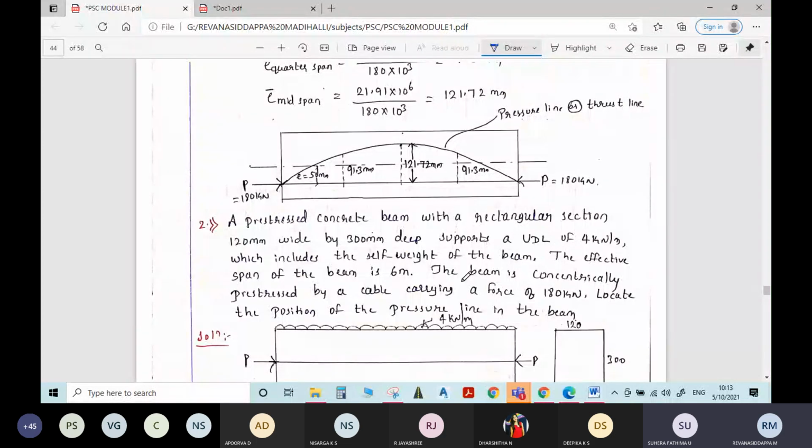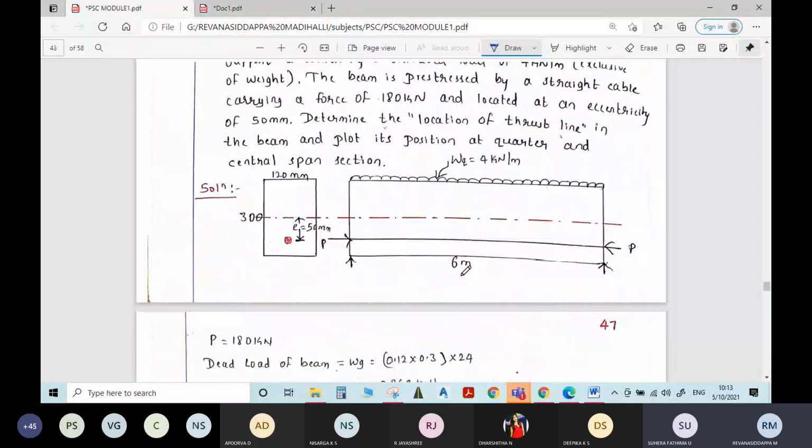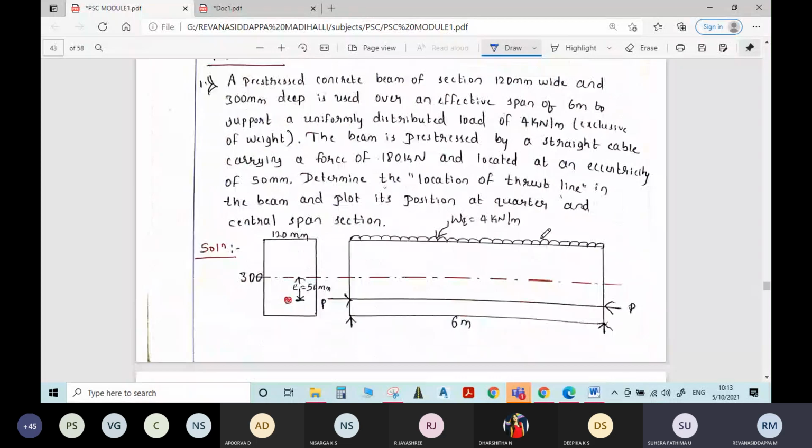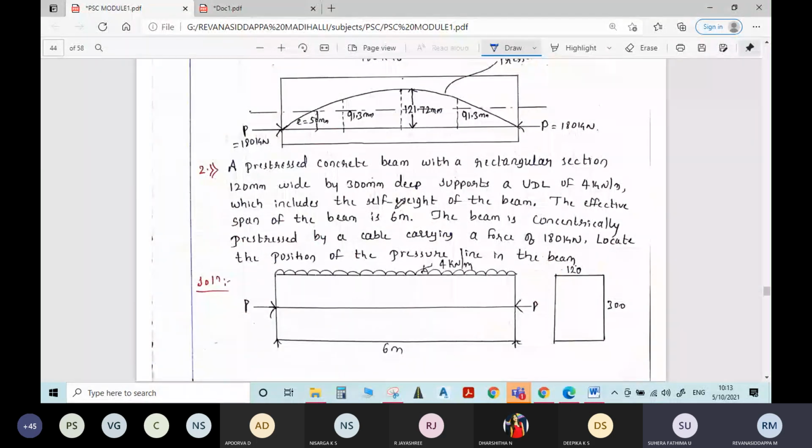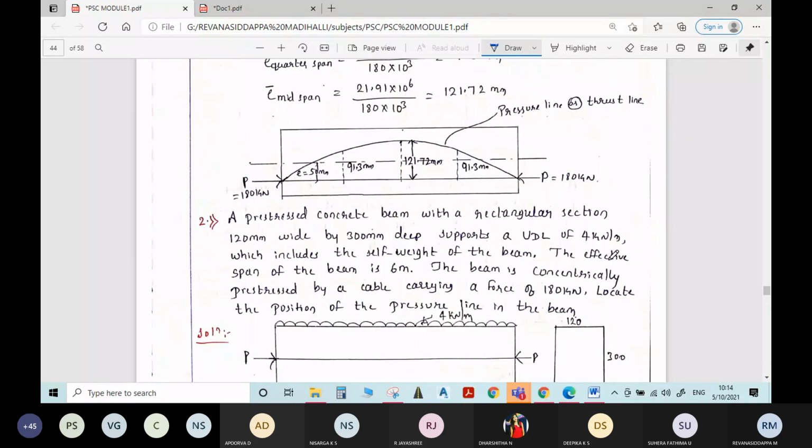If anything is not said, whether it is inclusive or exclusive, in that case also you find the self weight and add to the line load. Write the next problem also after writing the figure.